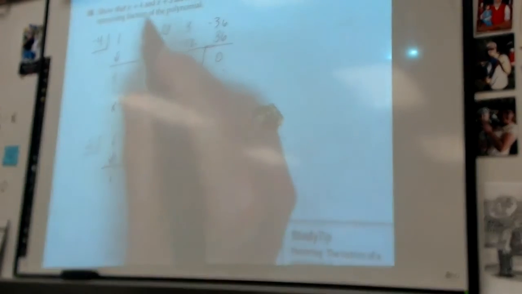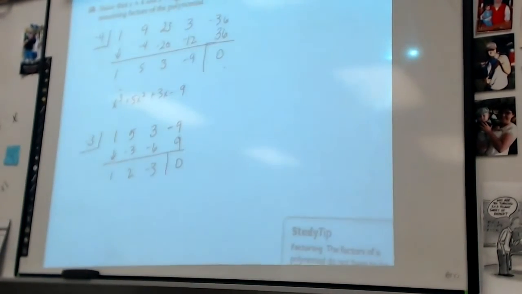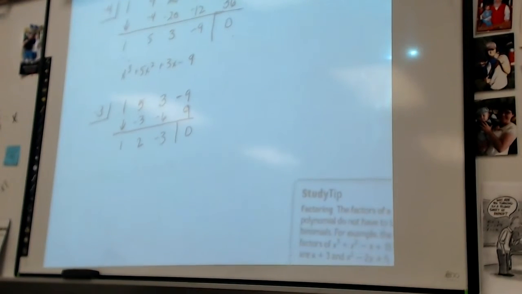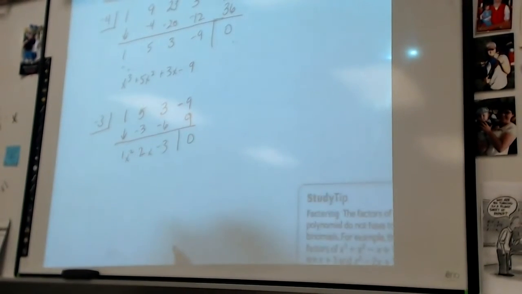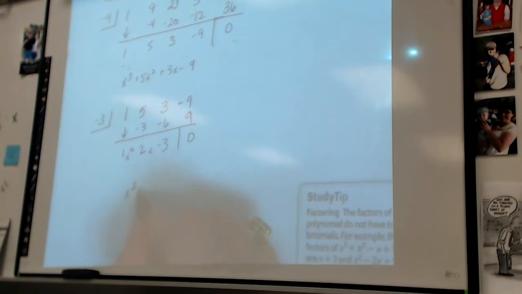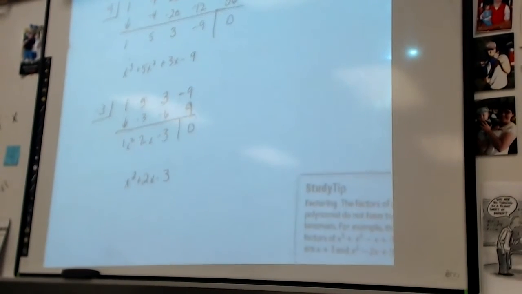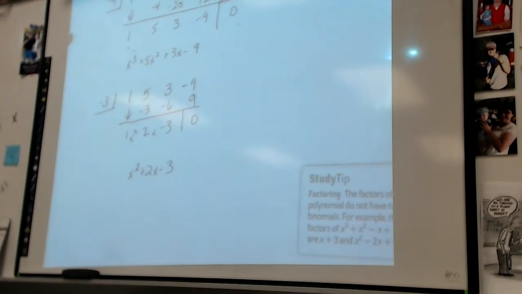So we just finished that first statement. Show that x plus 4 and x plus 3 are factors. Then find the remaining factors. Okay? Well, now this would be a quadratic. And if you can ever get it down to a quadratic, most of the time you'll probably be able to factor it. If not, you could use the quadratic formula to find your solutions if you were going to go ahead and solve it. But right now, we're just going to factor.